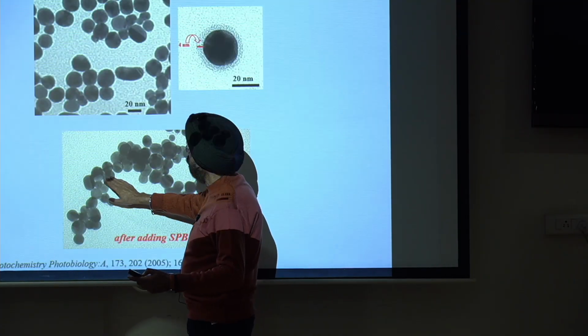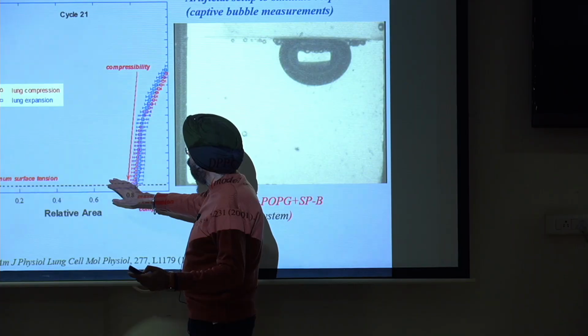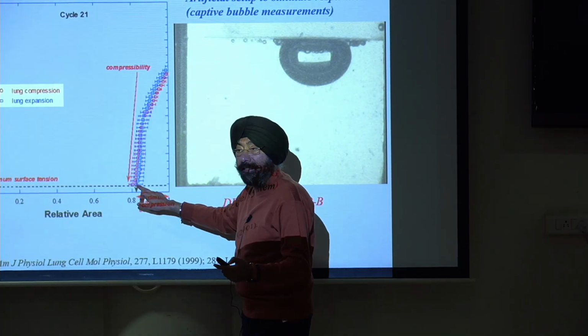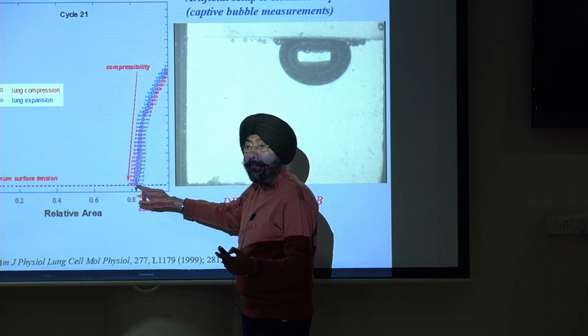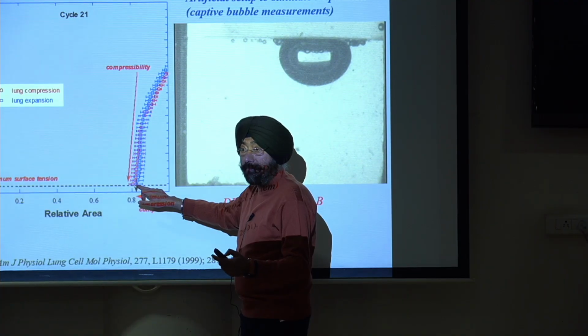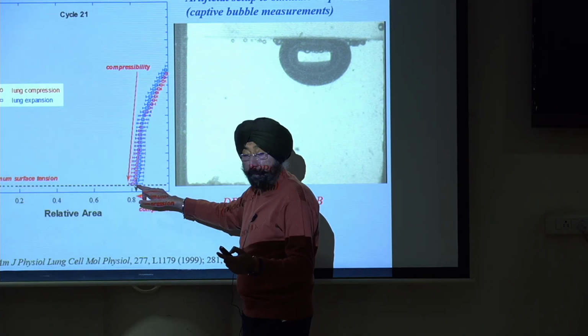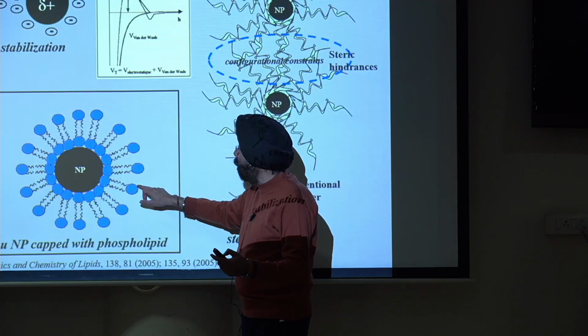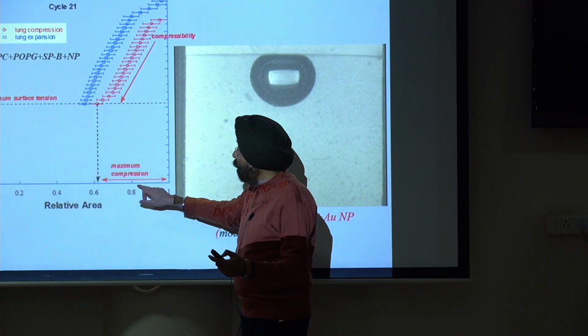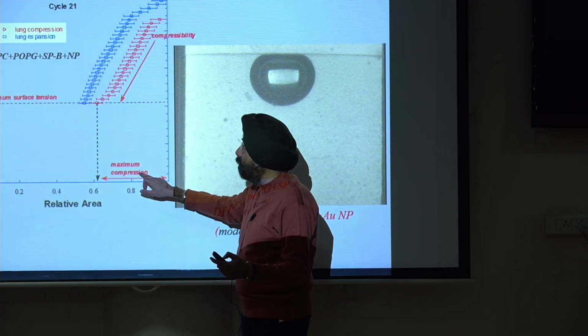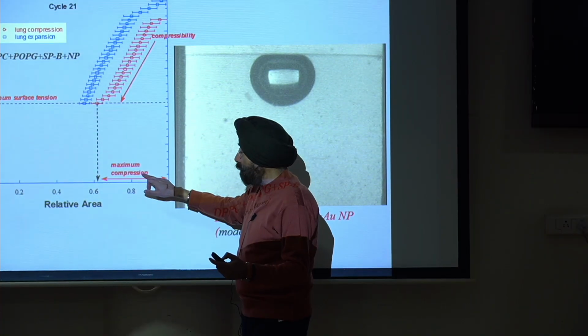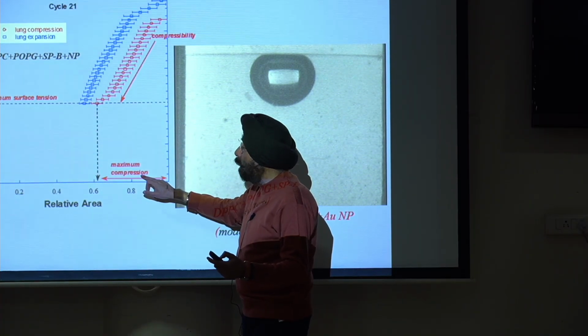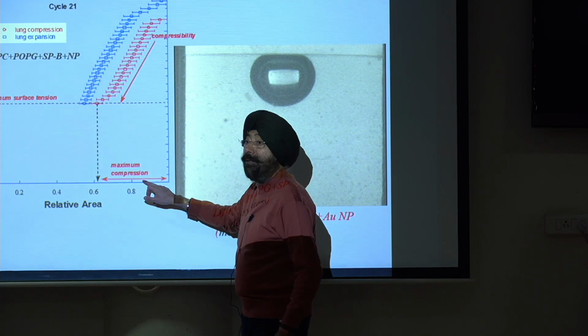See over here, it was coming close to zero in the absence of pollutant. But when we added the gold nanoparticle as model pollutant, we were expecting that the surface tension after the compression should come close to zero, but that is not happening.